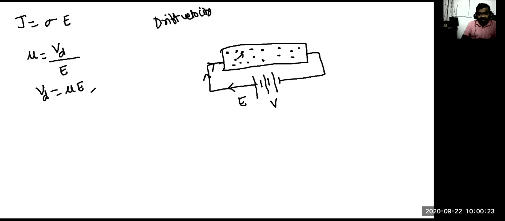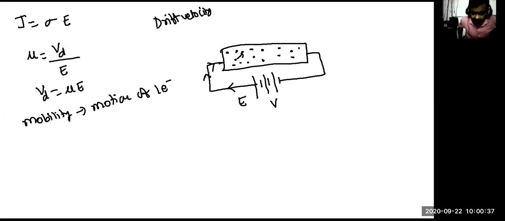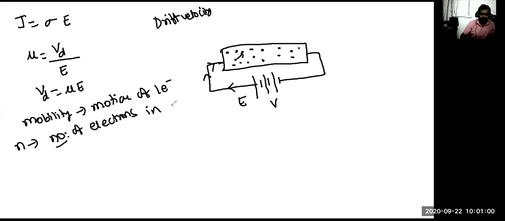Drift velocity I can write as mu E. So mobility explains the motion of one electron, which means conduction for one electron. Conduction for total electrons: suppose we have n number of electrons, let us consider small n is the number of electrons in the conductor.